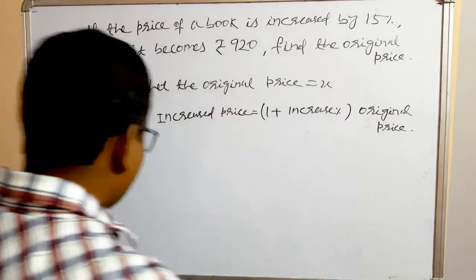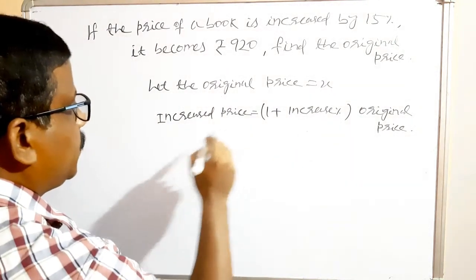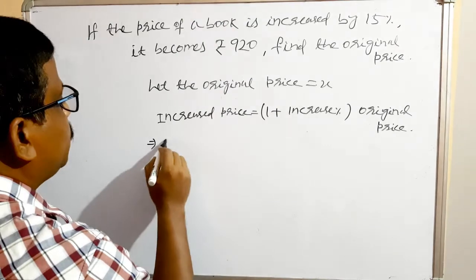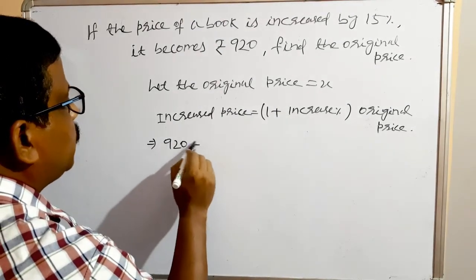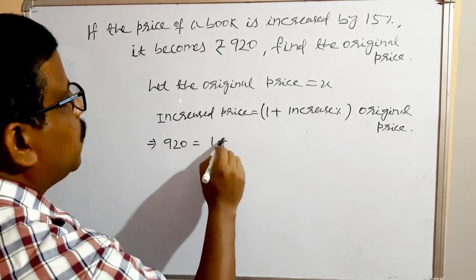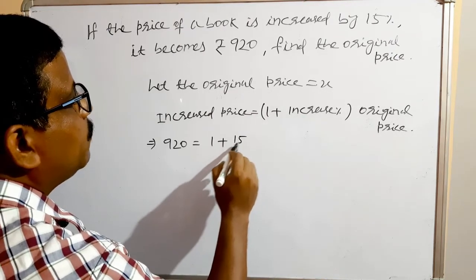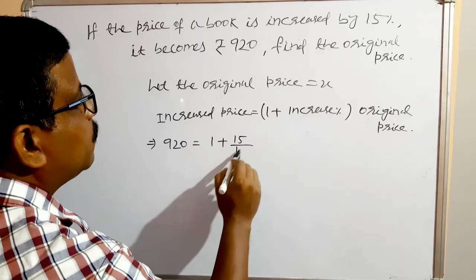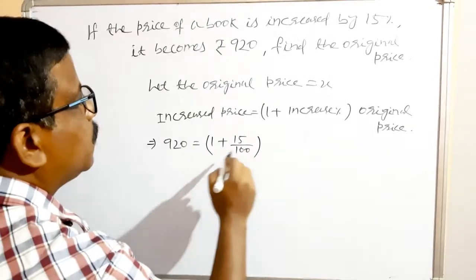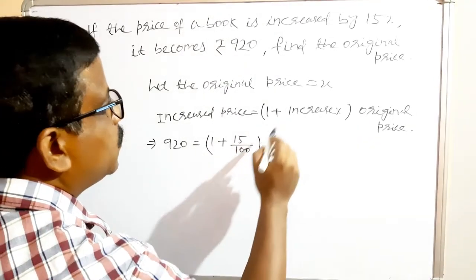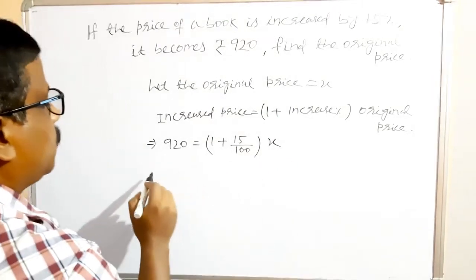Here the increased price given is 920. 1 plus increase percentage 15%, in fraction form 15 by 100, into original price. Original price we have taken x.